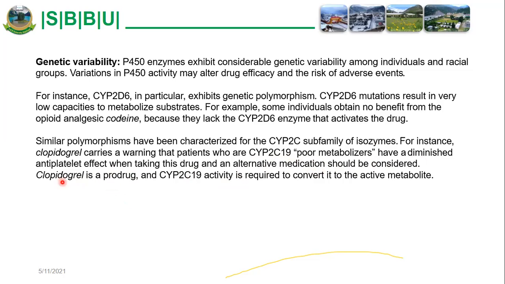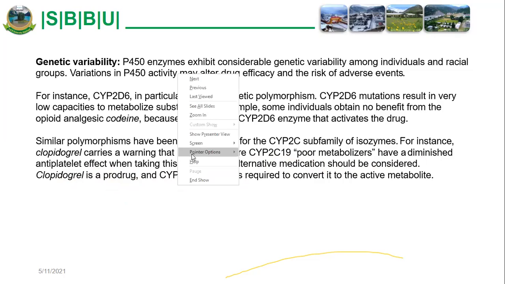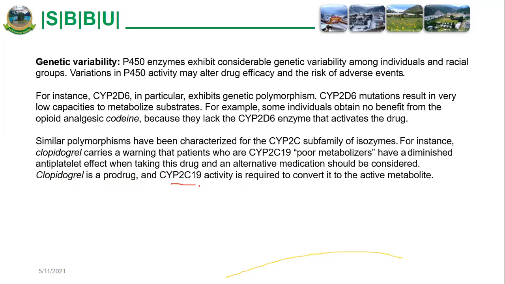Remember, clopidogrel is also a prodrug, activated by cytochrome P450 isoforms to convert it into an active metabolite. As I already mentioned, prodrugs are substances that are activated after metabolism, after proper metabolic reactions.